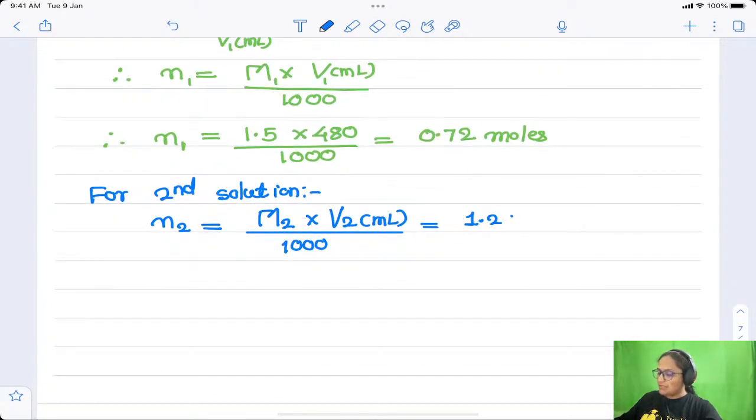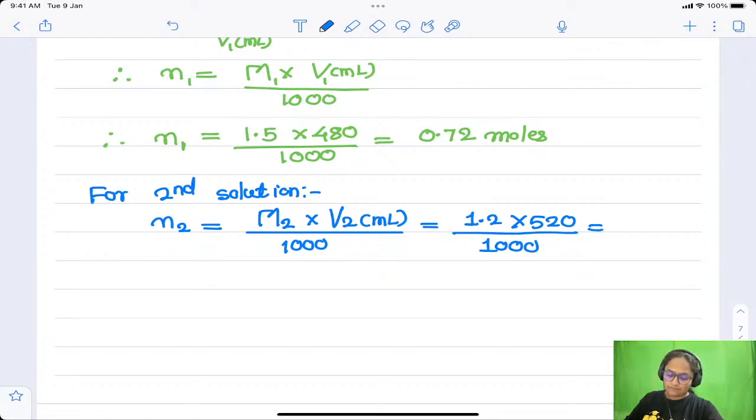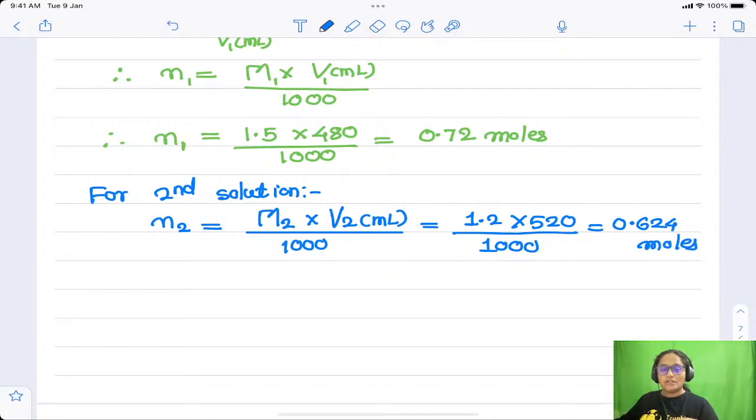Volume of the second solution is 520 divided by 1000. So 1.2 multiplied by 520 divided by 1000 is equal to 0.624 moles.